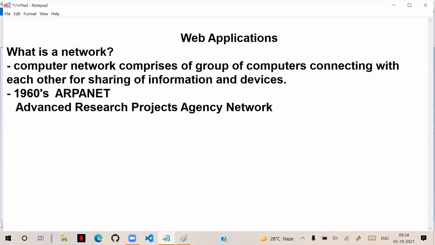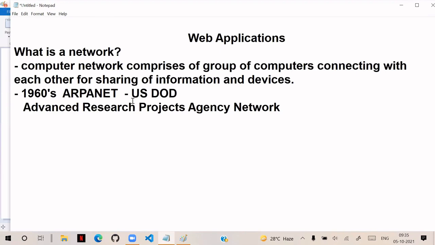It is the first computer network introduced, and it was introduced by the United States Department of Defense.